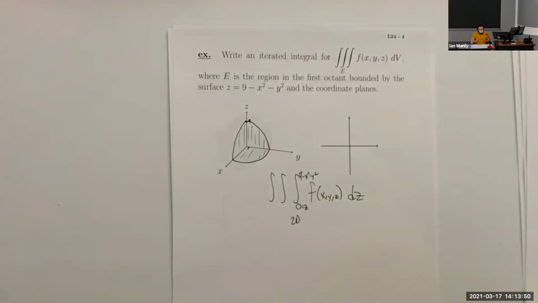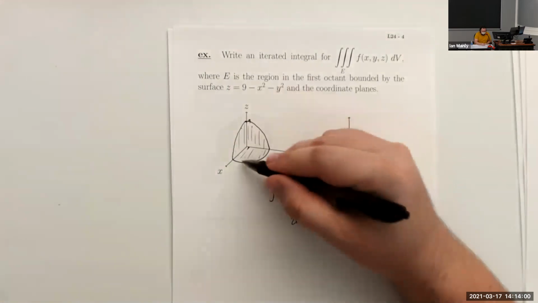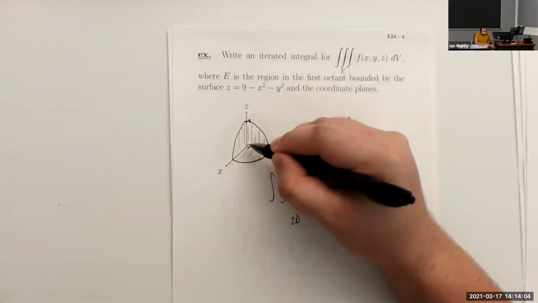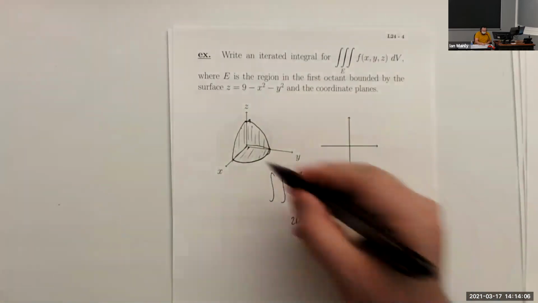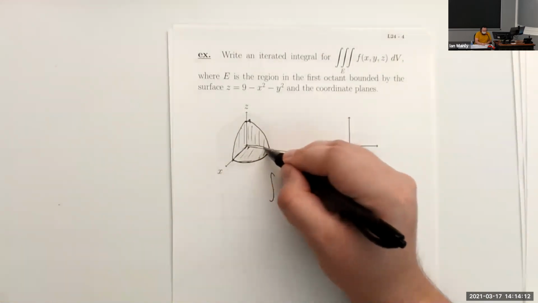Okay, so we finished doing the z dimension, right? So what we need to do now is crush down the z dimension. So we're going to crush this down, and we're only going to focus on what we have with x and y, which is this right here. So we don't care about z anymore. We've already done z. We're focusing on what's going on in the xy plane here. So we look at this projection here.